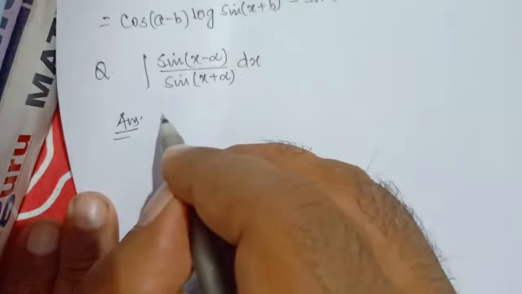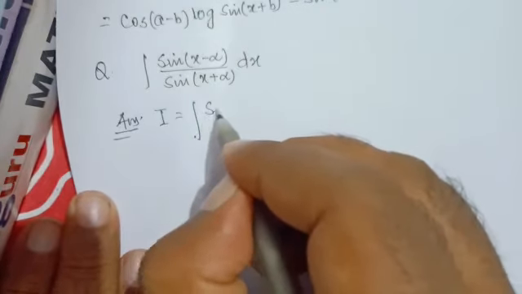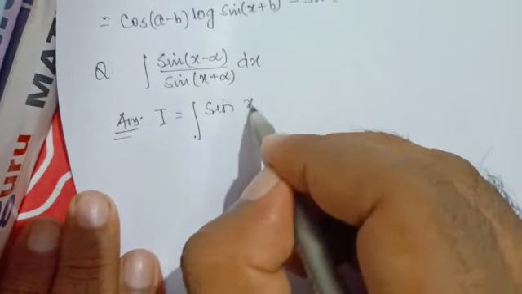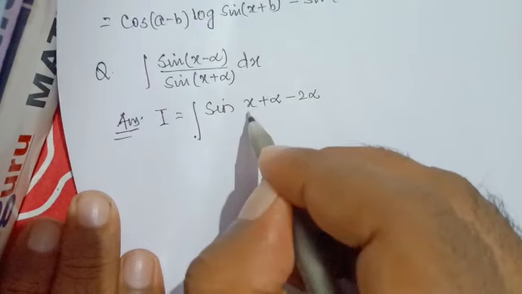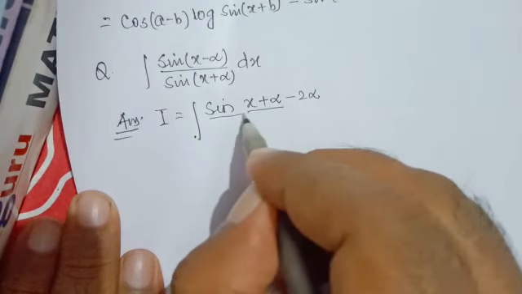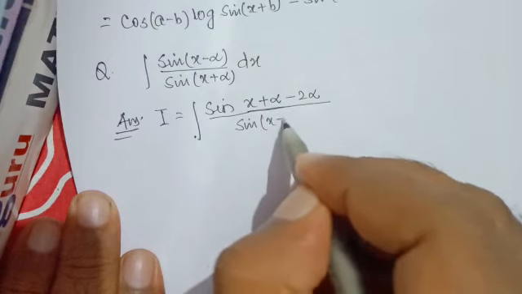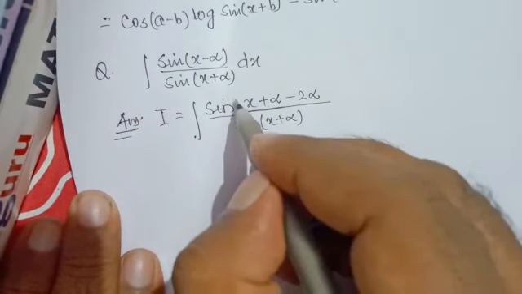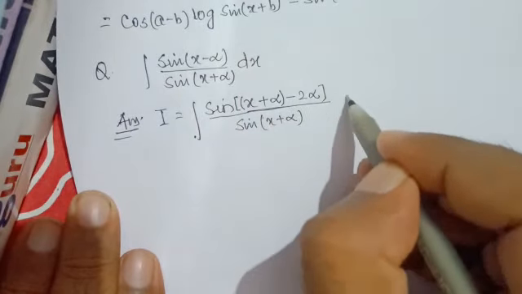It means our integration should be written as integral of sin(x plus alpha minus 2 alpha) upon sin(x plus alpha). So make a and 2 alpha as b.